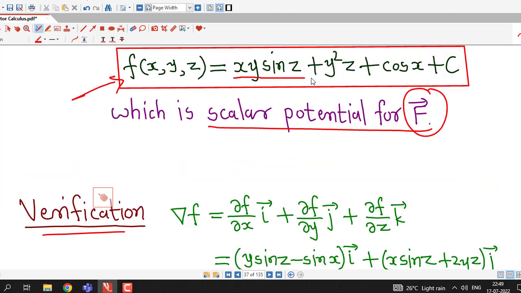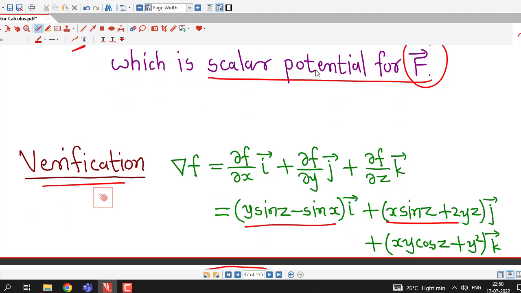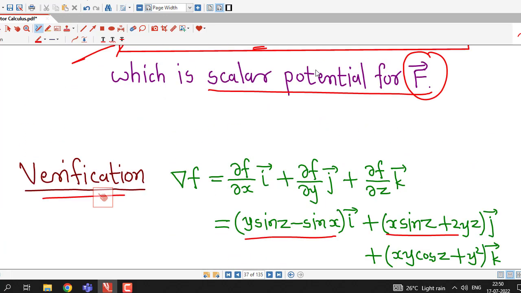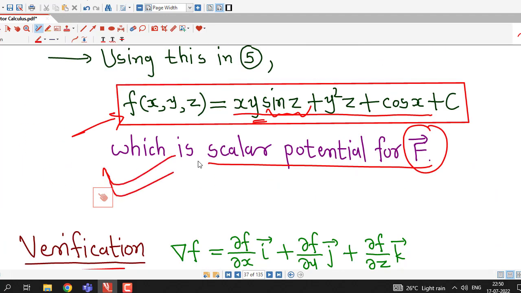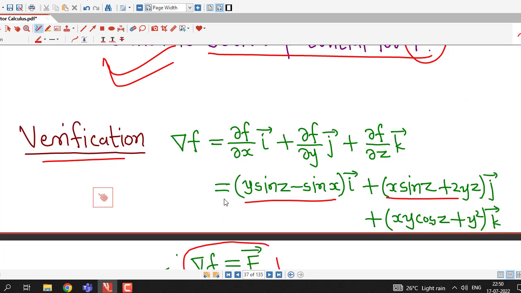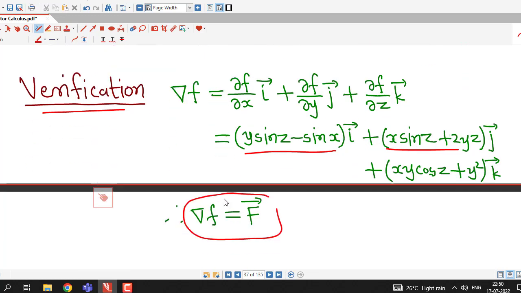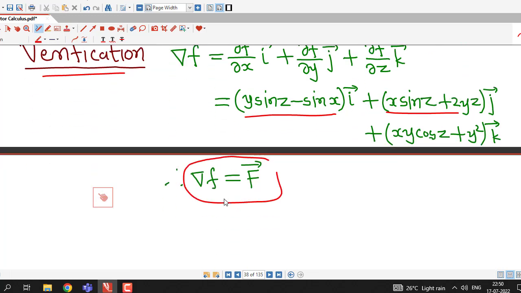First take the partial derivative of f with respect to x, which is y sin z minus sin x, plus the partial derivative of f with respect to y, so x sin z plus 2yz, and the derivative with respect to z will be xy cos z plus y square, and this is equal to f bar. Therefore our answer is correct. So if you wish, you can verify your answer within half or 1 minute.